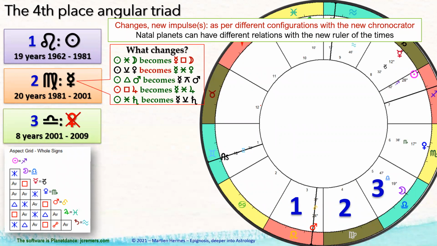And how do you see these changes? You see them because of the configurations and aspects that the ruler of the first period had, which change because there's a new ruler of the second period. So we have to see what changes in the relations between these two major period chronocrators.